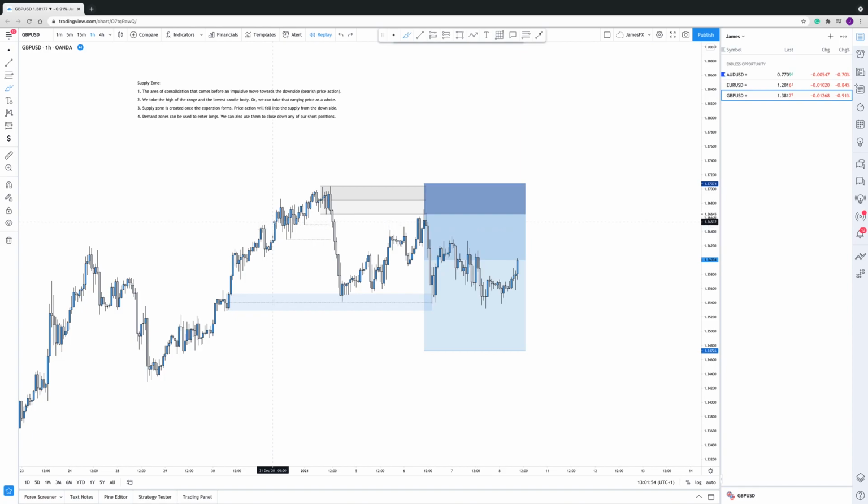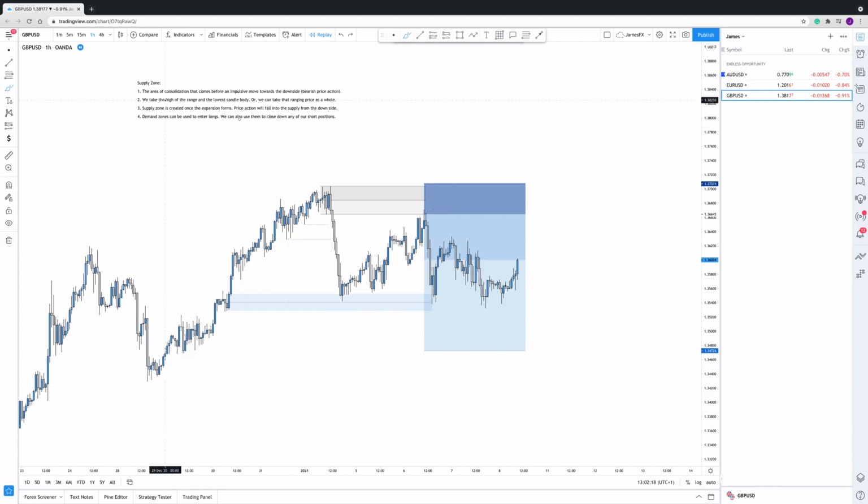We do have some candles within this, like these two here, but 80% of this move here is corrective and this is impulsive. Okay, so this is the expansion phase. We also broke structure to the downside, so we broke structure here and here.